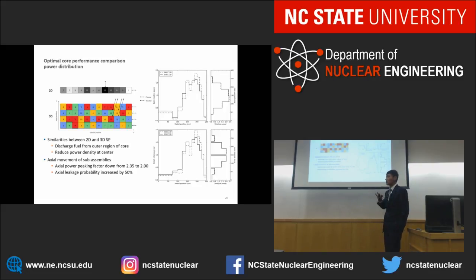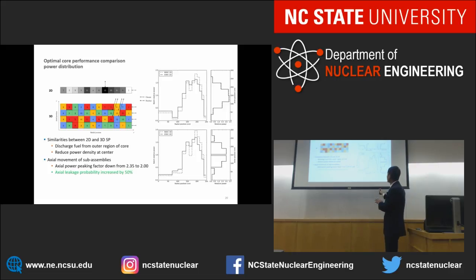They look very similar because that's what the optimizer was trying to do, minimize the power at the center so you can reduce the peaking factor on the radiation damage. But what it really is helping here is the axial power peaking factor. If you look sideways, the power peaking factor has been brought down from 2.35 to 2 in the 3D shuffled case.